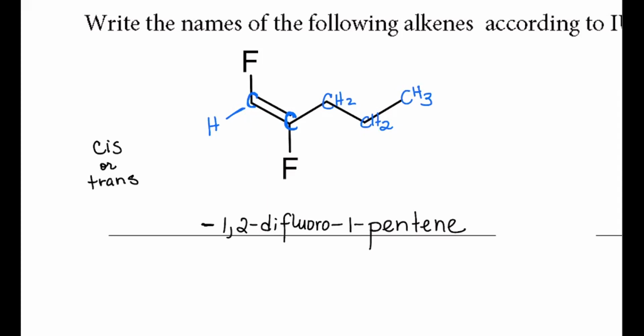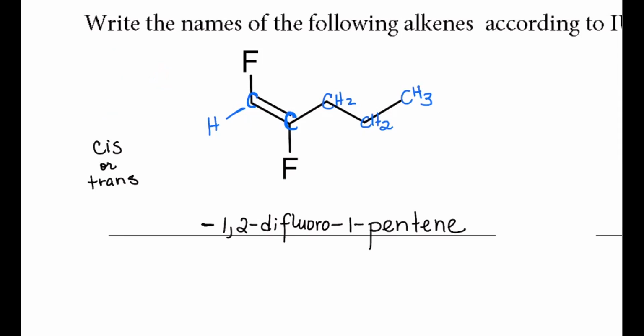Remember, if we have something that is cis, the atoms across the double bond are going to be both pointing up or both pointing down, but I will tell you in a moment what that means, because we need to learn how to prioritize my groups across that carbon-carbon double bond.